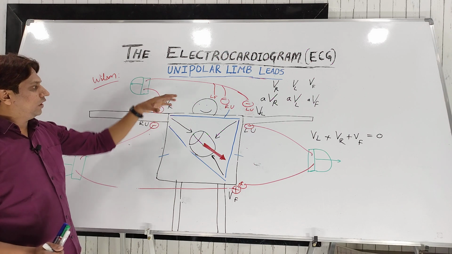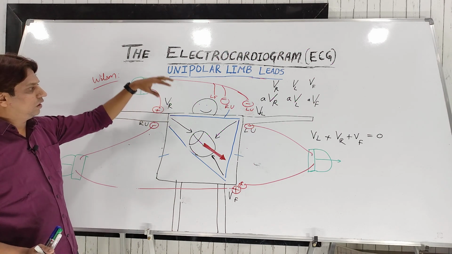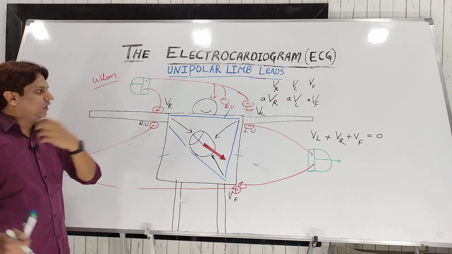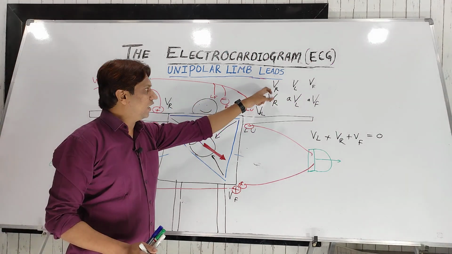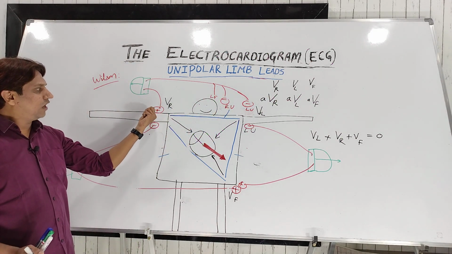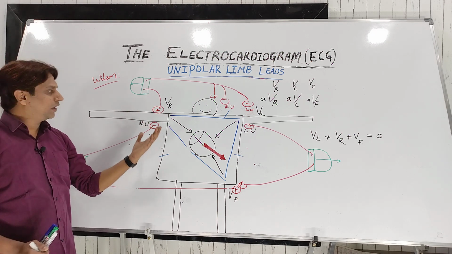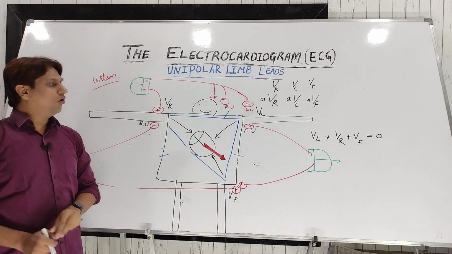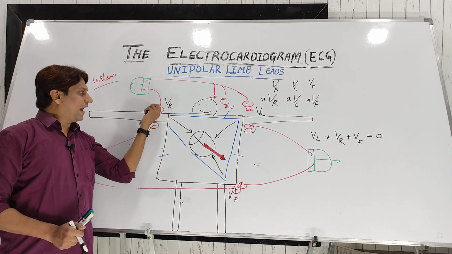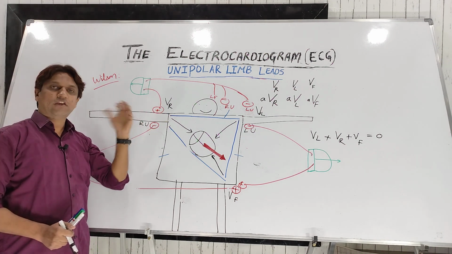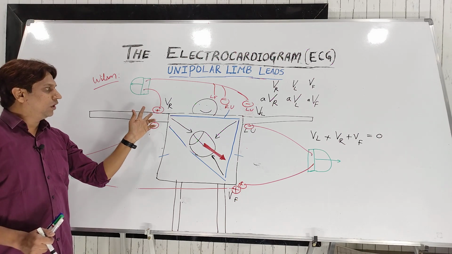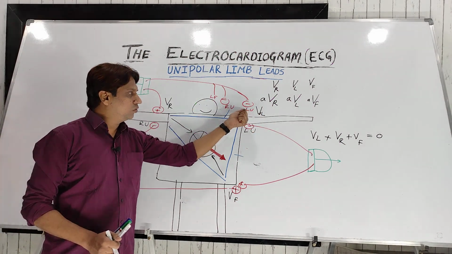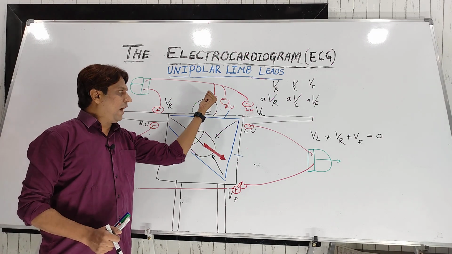So according to Wilson, VR means the voltage in the right upper limb. One active electrode is placed, that is the positive electrode, the exploring electrode, on the right upper limb, and the negative electrode is connected to the left upper limb, right upper limb and the left foot.